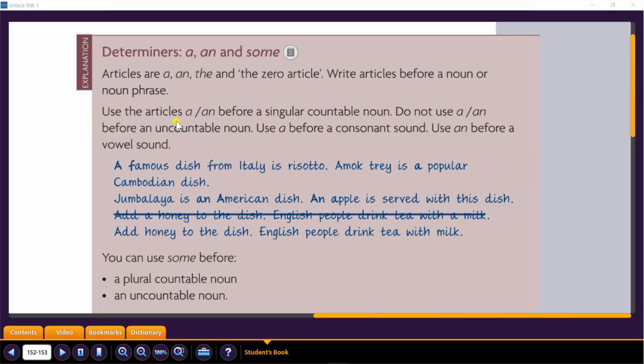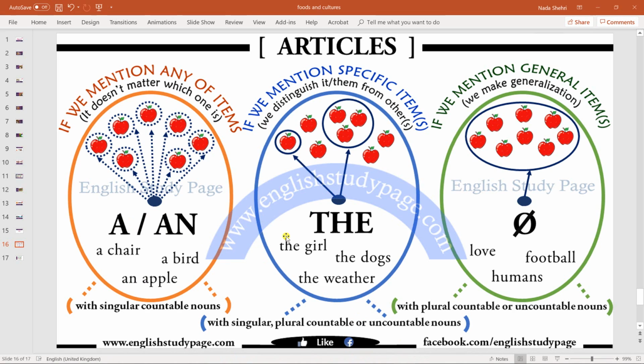Okay, when to use articles and when we cannot use articles. Ladies, let's see this picture. We use articles a and an before singular and countable nouns only, like an apple, which means 1 apple, or a chair, which means 1 chair.